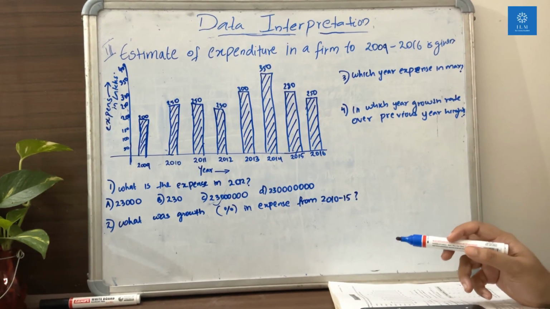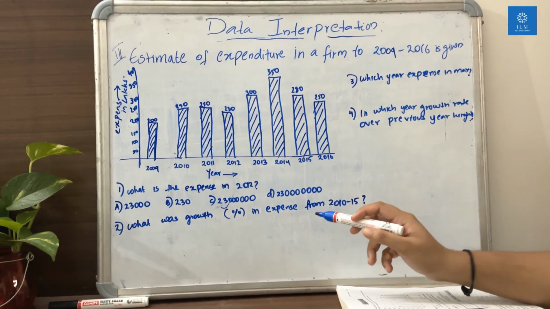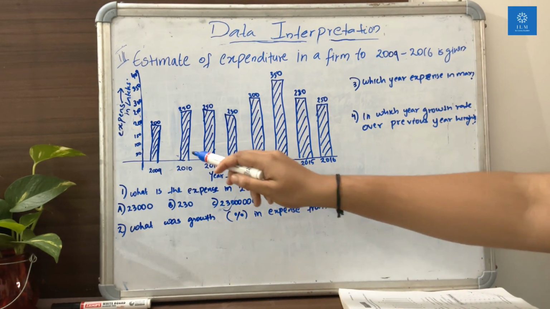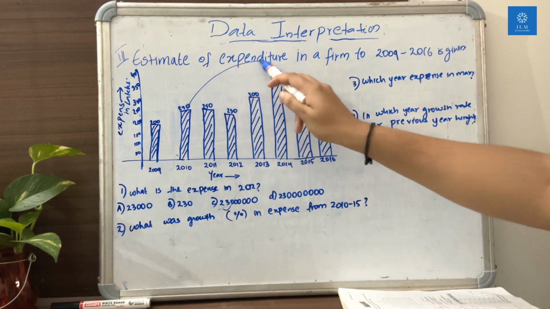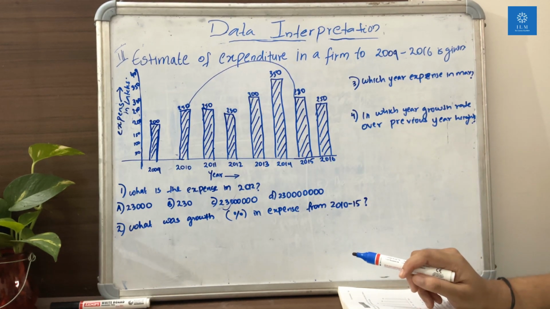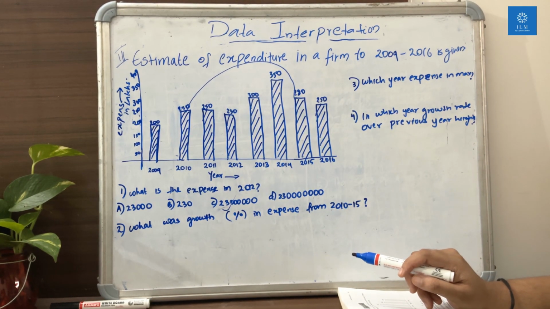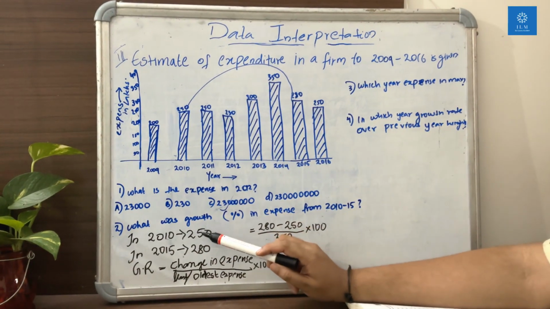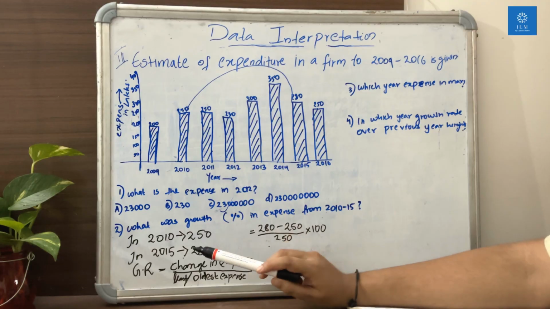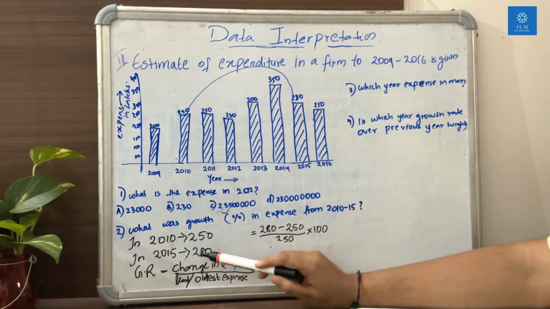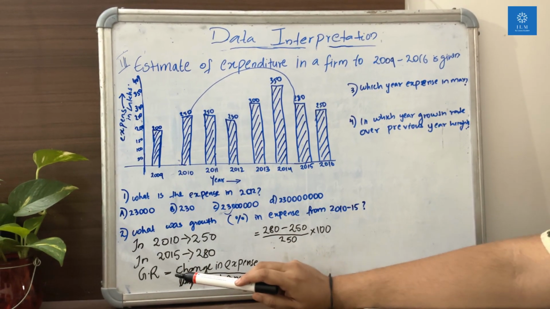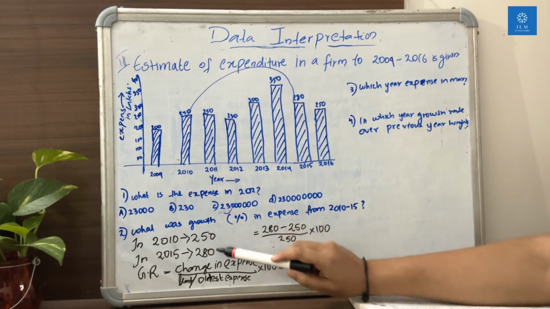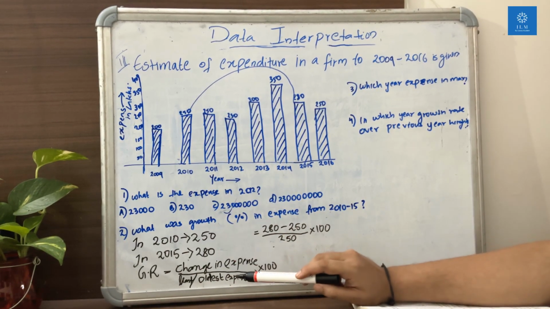Next is what was the growth percentage in expense from 2010 to 2015. So from 2010 to 2015, what is the growth percentage of the expense? So the expense in 2010 is 250 lakhs and expense in 2015 is 280 lakhs. So we have to find the growth rate, that too in percentage. So that will be the change in the expenses by the least expense or the oldest expense.